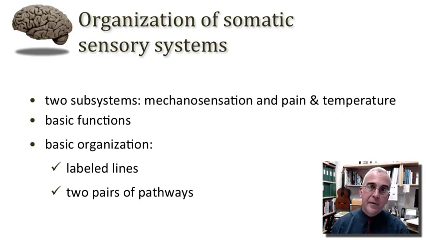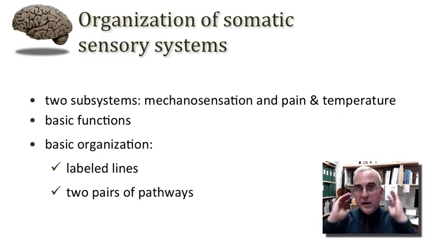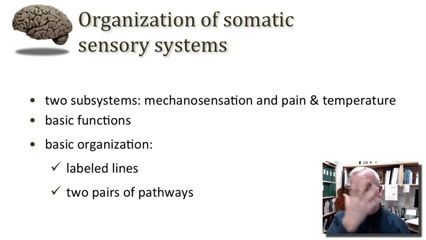And what we will discover is that there are two pairs of pathways that serve somatic sensation. Really, they can be further subdivided, but we'll keep it pretty broad and simple and say there are two pairs of pathways. There's a pair of pathways for the body, including the back of the head and on down below the head. And then there are a pair of pathways for the face.